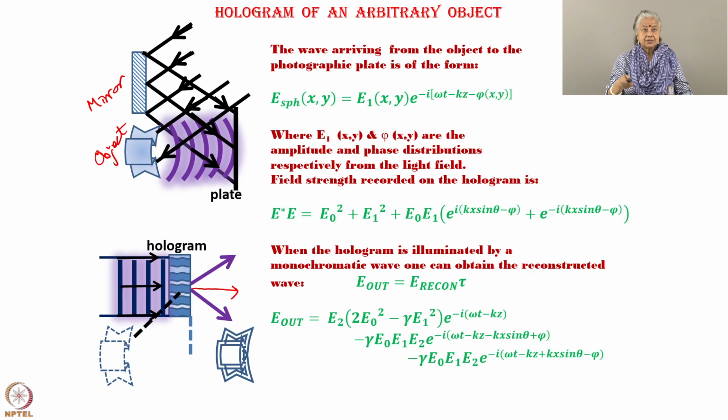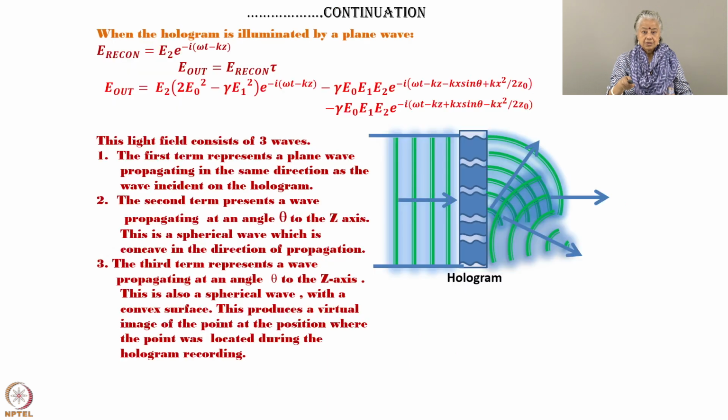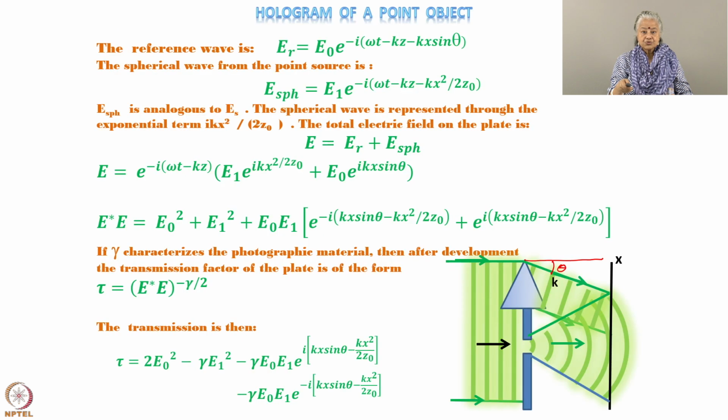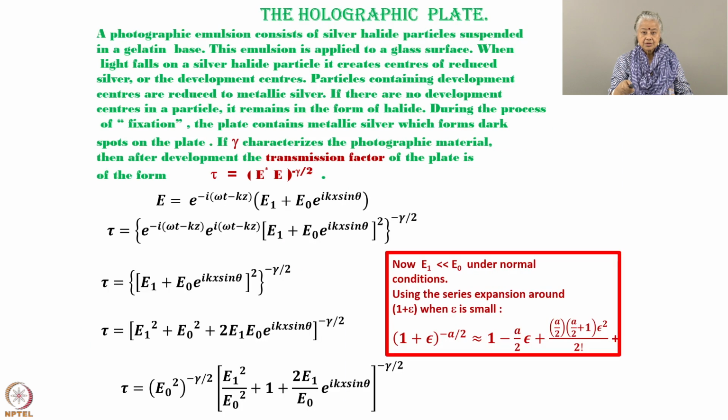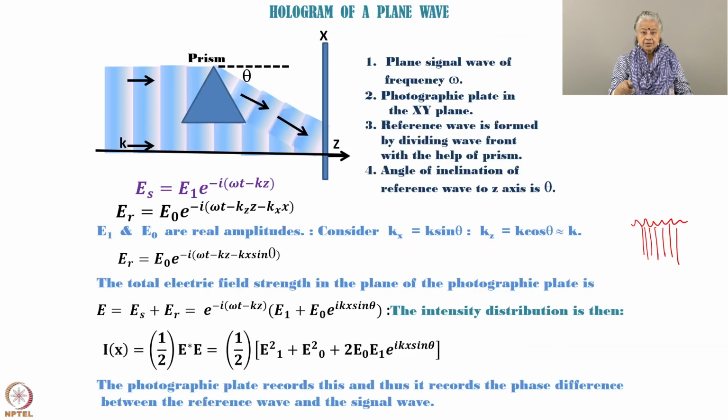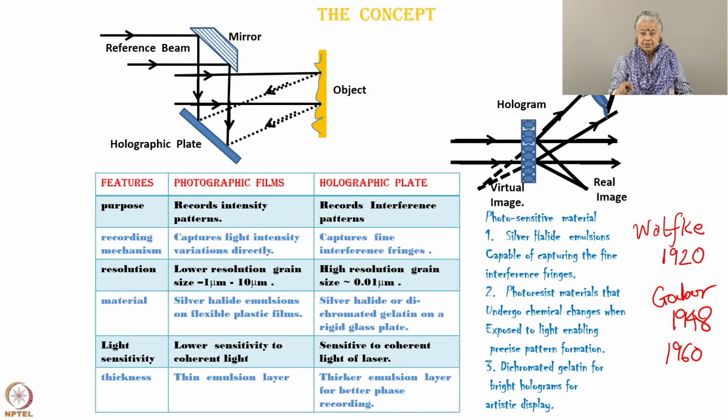So, what have we done till now? What we have tried to show is this part only. This is what we have shown a bit in detail. You have recorded and then you have seen the image, reconstructed the image. And the recording we have seen step by step.